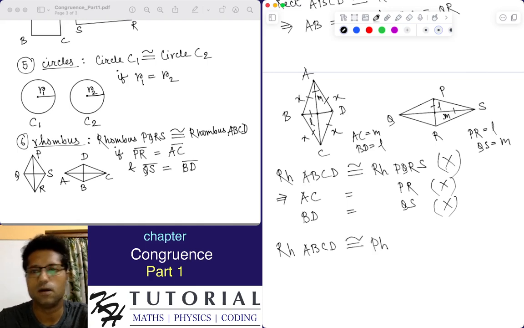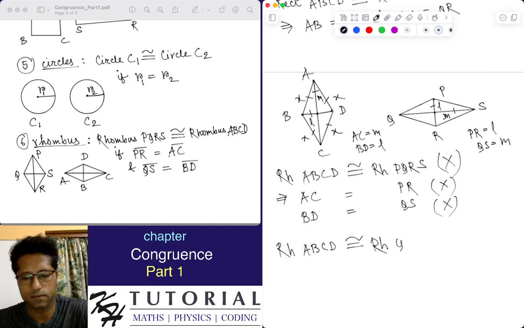Rhombus, we have to be careful, ABCD. So we can name the right hand rhombus for congruency as QRSP. We can write this.